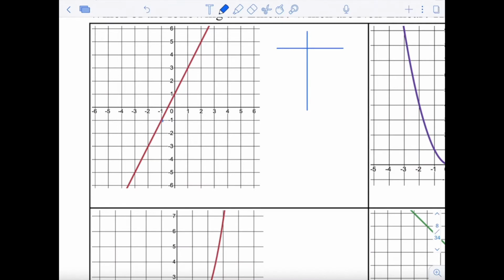Essentially, if I look at maybe these 3 points, (-1, -1), (0, 1), and (1, 3), what I can recognize is that there is a pattern in X and a corresponding pattern in Y. We're going to refer to this now as a rate of change, and this is what it means.